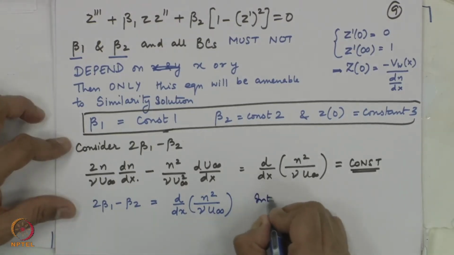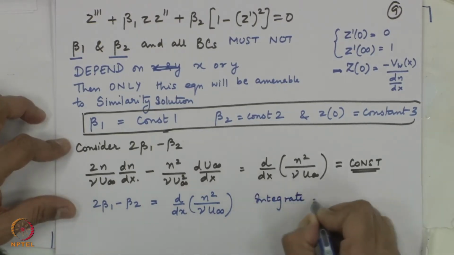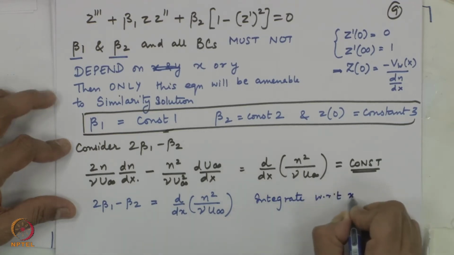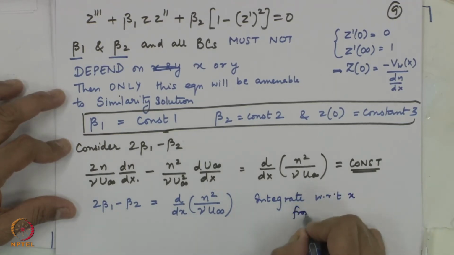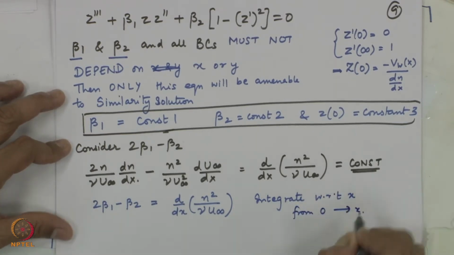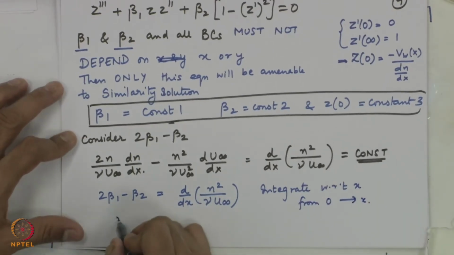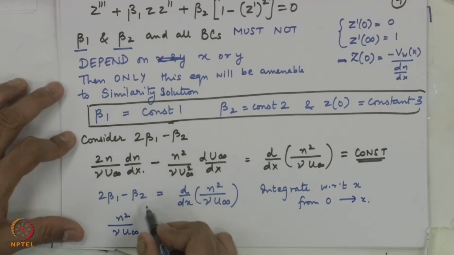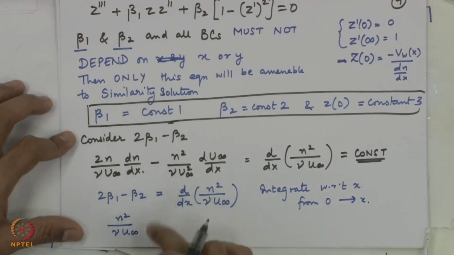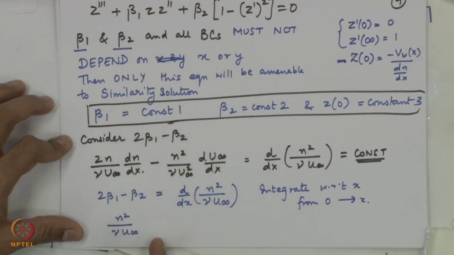So, integrate with respect to x from 0 to some arbitrary x. N squared by nu u infinity evaluated between 0 and x will just give me n squared by nu u infinity, because at 0 this whole thing is going to be 0.